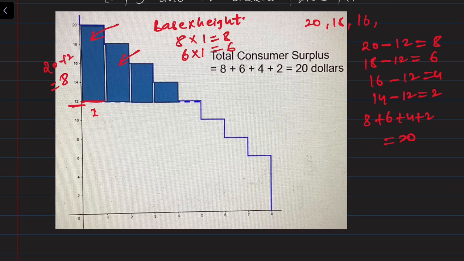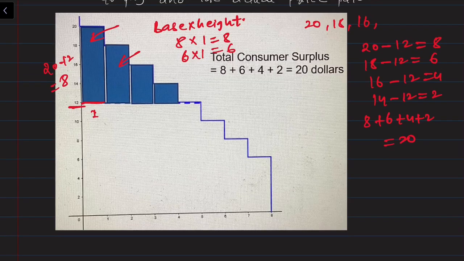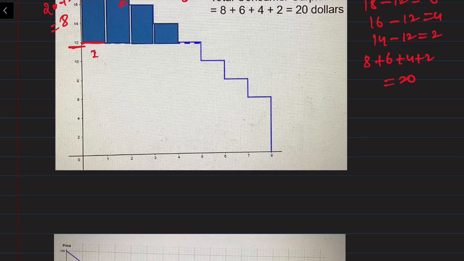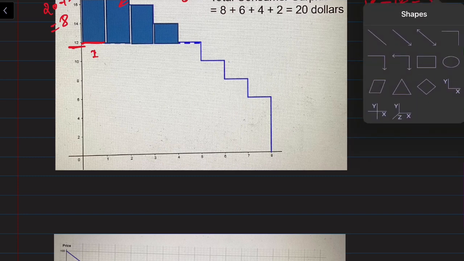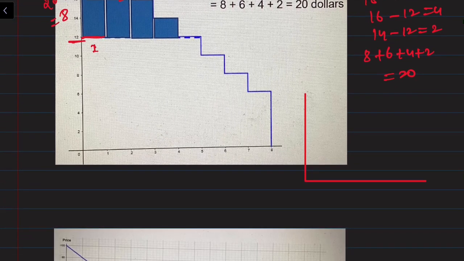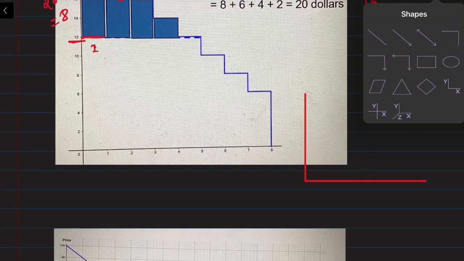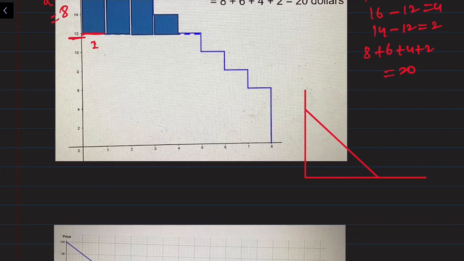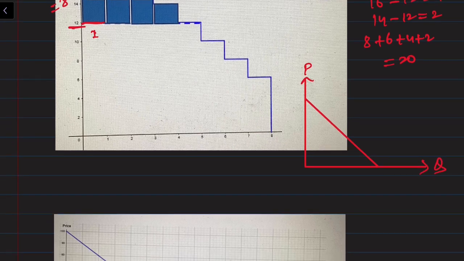So in that case, okay, let me draw the graph. On the vertical axis is price, on the horizontal axis is quantity, and let's say the price is here, $12.